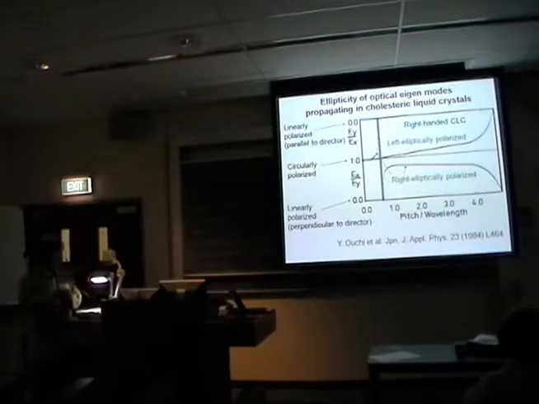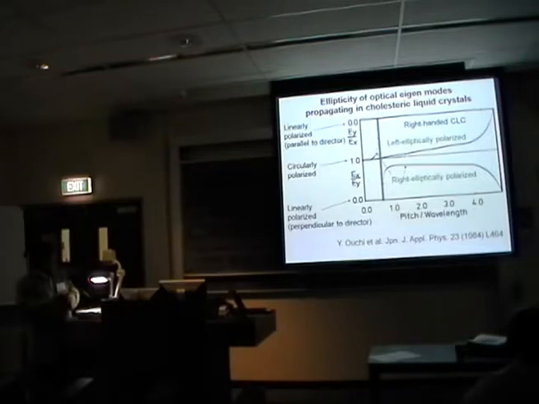If we consider a right-handed cholesteric liquid crystal, one of the eigenmodes is left elliptically polarized light. This is this one. This axis is the inverse of wavelength, and this blue region is the photonic band.